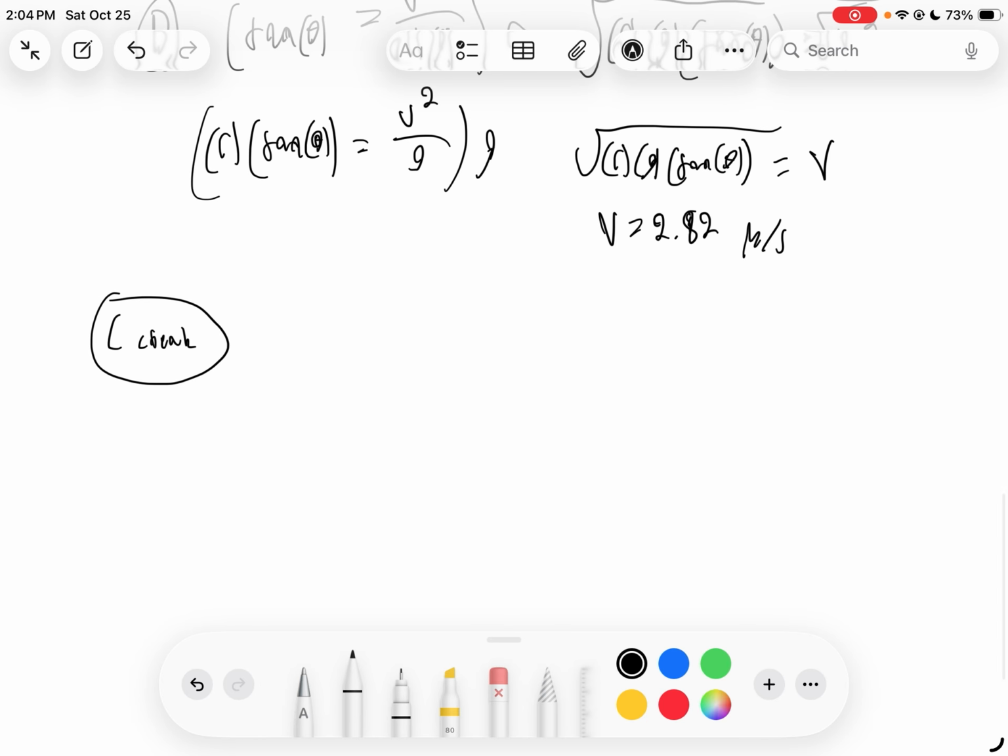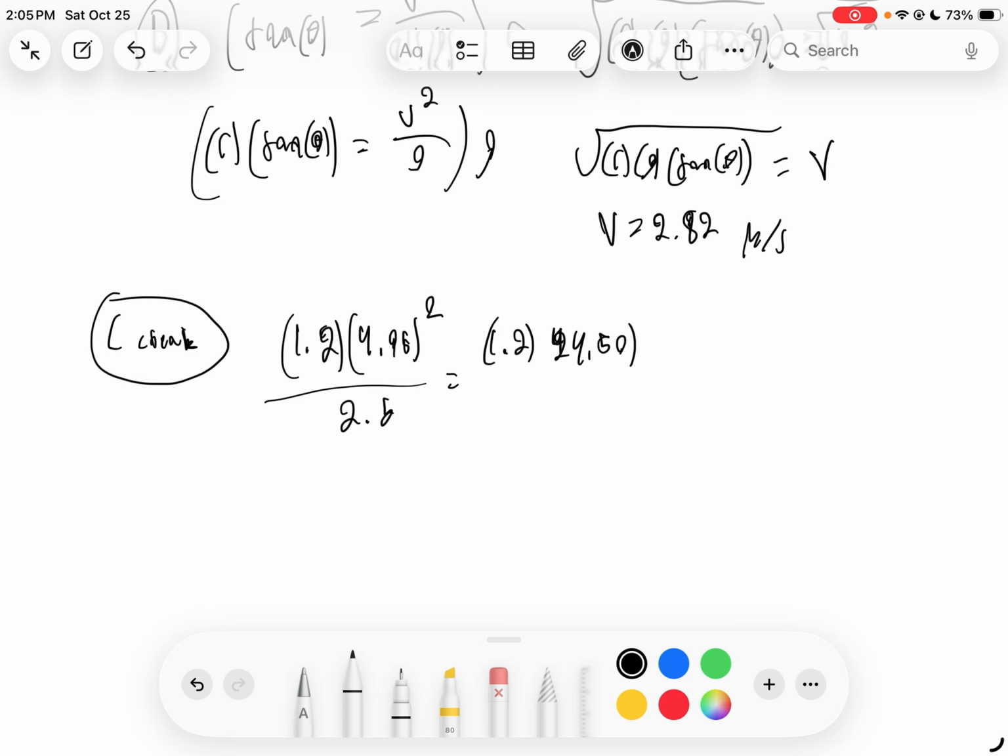Let's do a C check. So plug it into the values. We know it's a 1.2 kilogram model airplane. We found the speed to be 4.95, which we're going to square as per the original function, divided by the radius, which is still 2.5 meters.